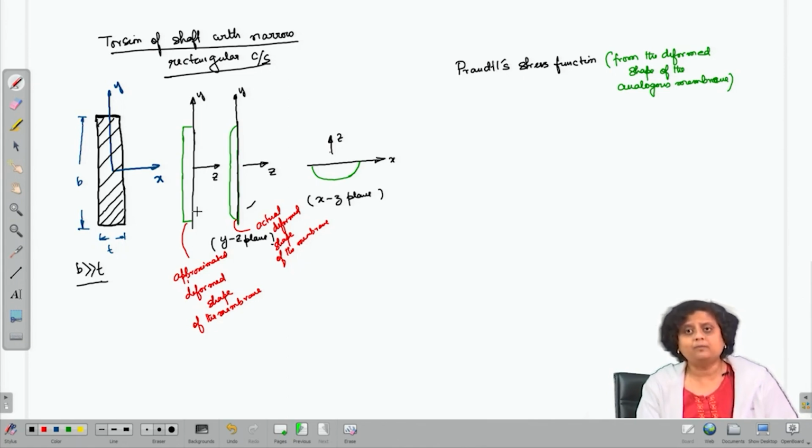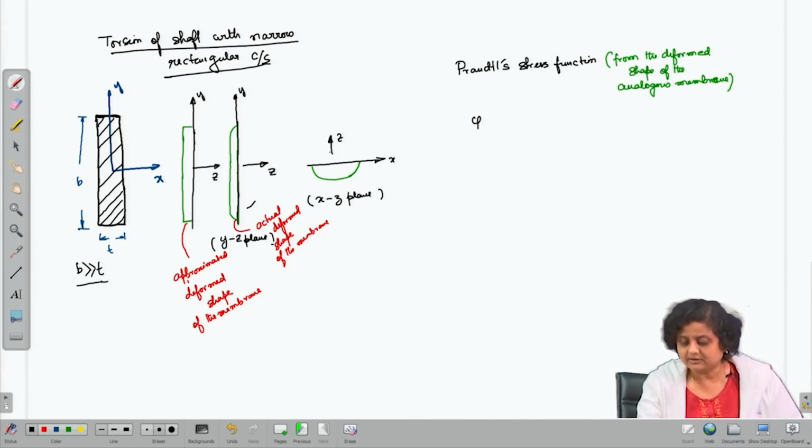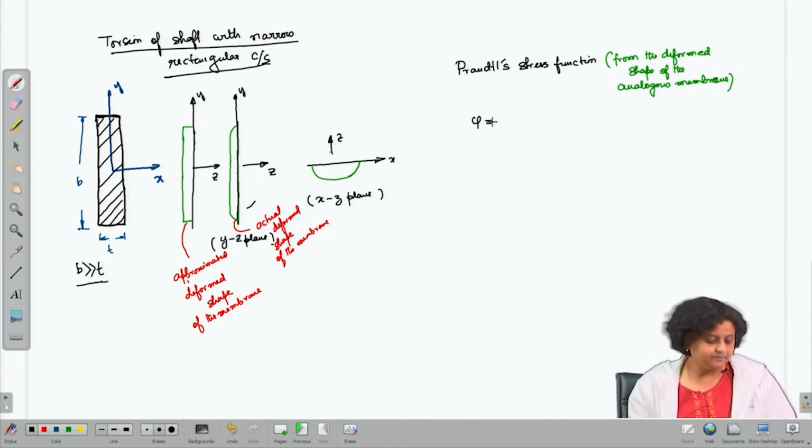So, if we now proceed to find the Prandtl stress function based on the approximated deformed shape of the membrane, then we can say that the Prandtl stress function phi can be written as a function of x alone, and it is not a function of z, because I have removed the end effect.